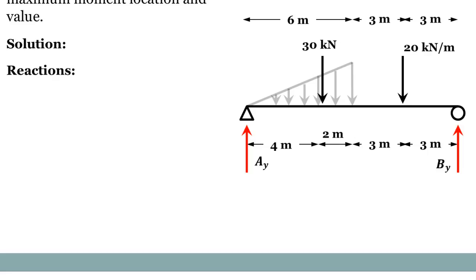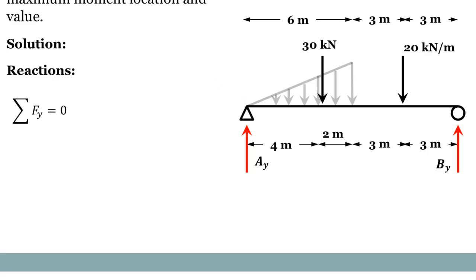The area of the triangle is 6 multiplied by 10 multiplied by a half, and that will give me 30. And the location of the concentration is going to be 1/3 from the 10 kilonewtons per meter, or 2/3 from the support A.